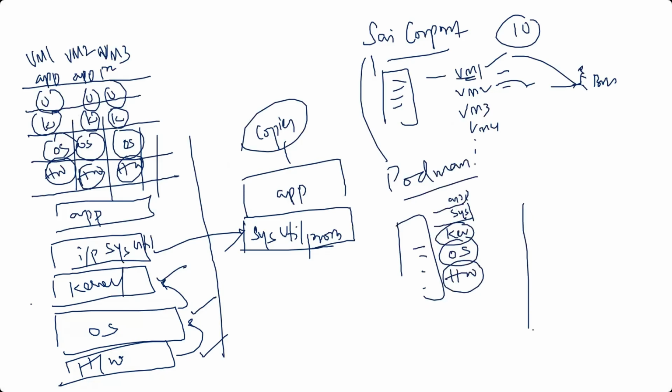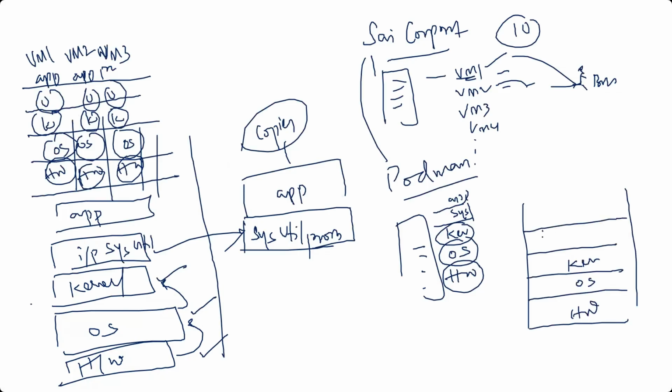So at a very high level, if you observe, you will have a common hardware, a common operating system, and a common kernel, but you will create copies of your utils or system software and your app.